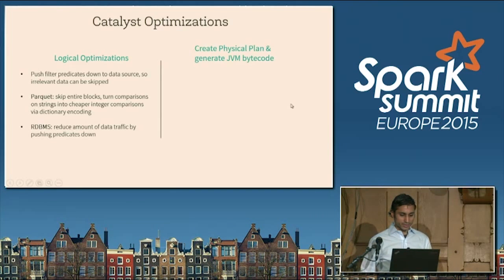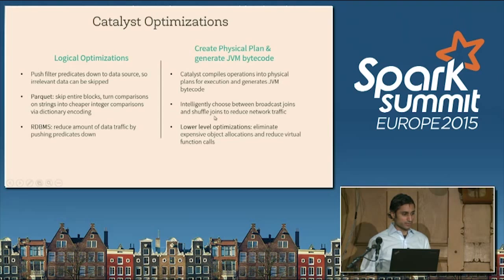Okay, and then the other interesting thing is physical optimizations. So here things are done, for example, choose between broadcast join or a shuffle join. By default, if you need to join two data frames, and if one of them is, I believe, less than 10 megabytes, then Spark will broadcast that smaller data frame from the driver to all the executors.